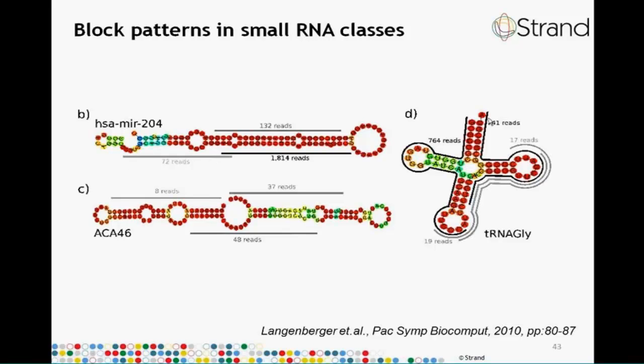In the case of tRNAs, you have a block with 741 reads. It overlaps partially with a block with 17 reads, and both of these overlap with a block with 19 reads, which in turn overlaps with a very strong block again, which has 764 reads. So if each small RNA class has a different block pattern, then the pattern of these blocks can be used to classify a novel region into one of these gene types.